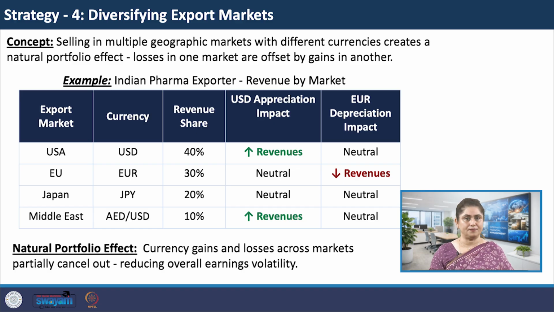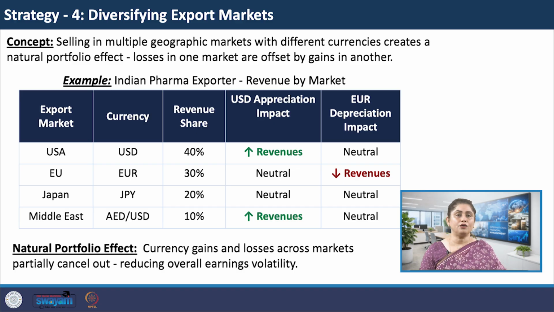Now imagine Indopharm has deliberately built revenue streams across four markets. Let's say 40% in the USA, 30% in the European Union, 20% in Japan, and 10% in the Middle East. Now the AED is always pegged to the USD. When the INR strengthens against the USD, the 40% US revenue is hurt.